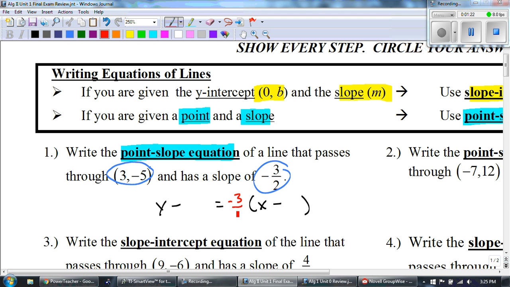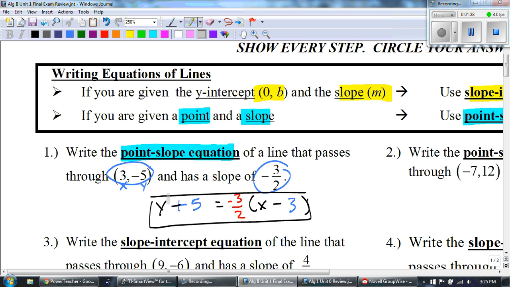I can put that in right away. And then just remember x goes with the x, the y goes with the y. So this changes to a positive 5 and that stays a negative 3. So when we're all said and done, it's y plus 5 equals negative 3 over 2, x minus 3.